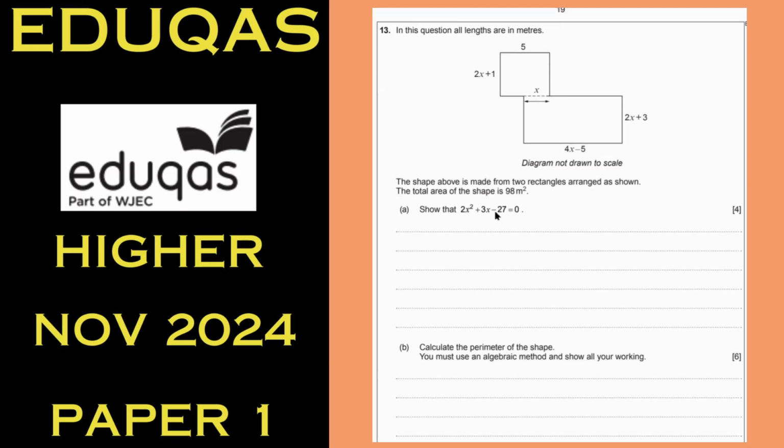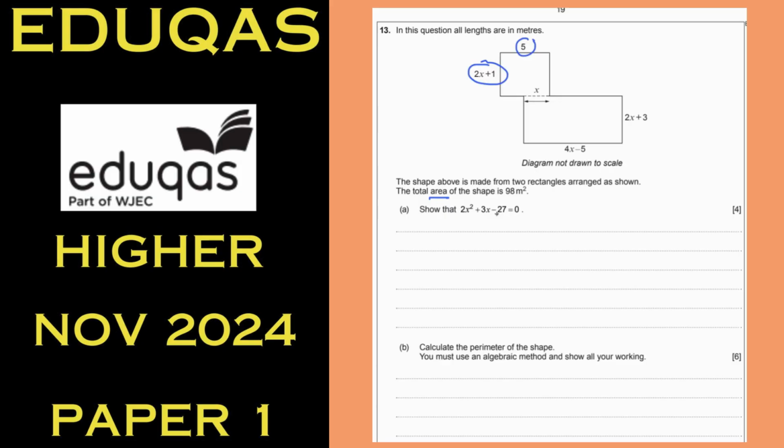So, they don't look very friendly, these, but my advice is always the same. Just because you don't know the length of X or Y or whatever, just crack on as if you do. The shape above is made from 2 rectangles, and we are interested in area. This top rectangle is 5 by 2x plus 1.